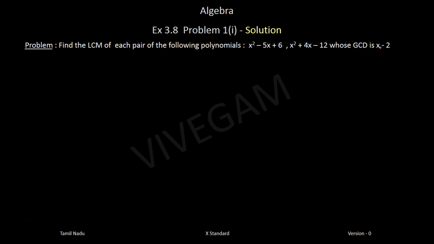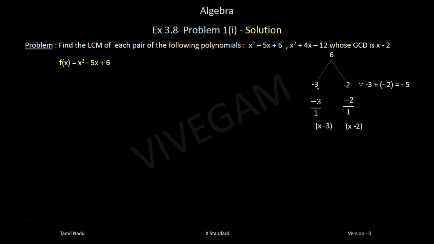So let's factorize the first, f of x, x squared minus 5x plus 6. The coefficient of x square is 1 and the constant is 6. So 6 into 1 is 6. 6 needs to be split in such a way that when you add or subtract, you get minus 5. So 6 can be written as minus 3 into minus 2, and minus 3 minus 2 is minus 5.